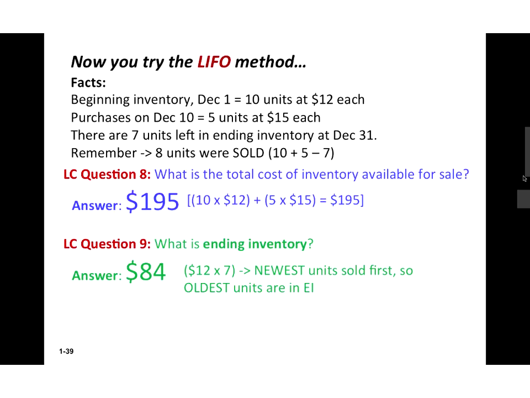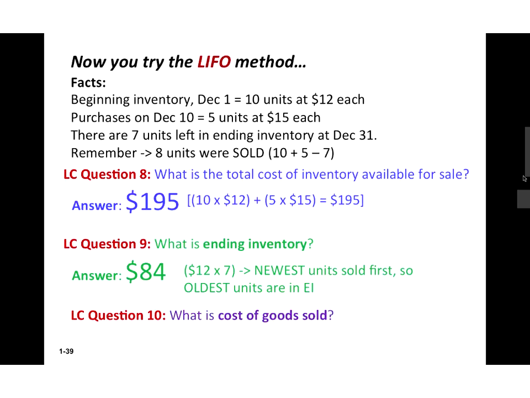Okay, next question. What's the cost of goods sold? At this point, with everything on our screen, this is a very easy answer because we have the total cost of goods available for sale. Everything that we had available to us to sell cost $195.